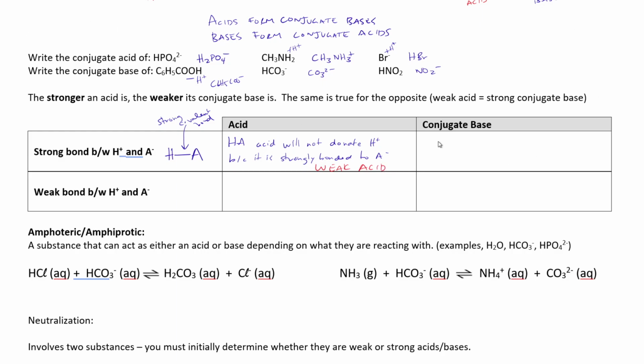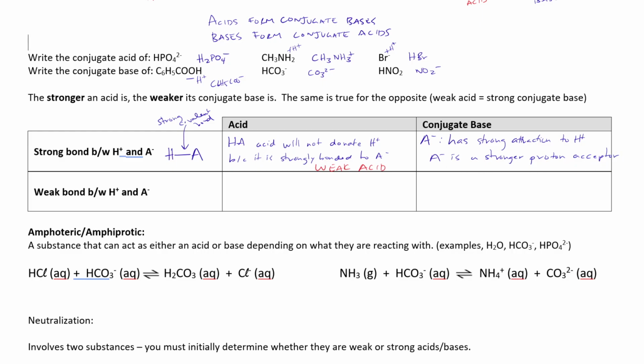However, if you look at its conjugate base, A minus has a strong attraction to H plus, as seen by that strong bond, right? So if A minus has a strong attraction to H plus, then that means that A minus is a stronger proton acceptor.